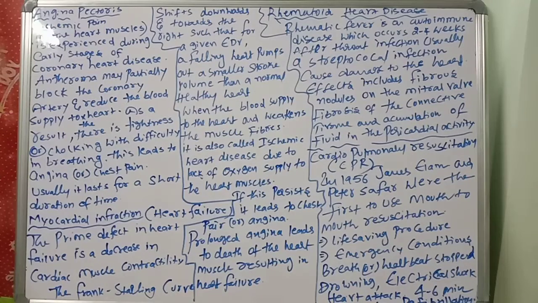When the coronary artery is blocked, oxygenated blood will not reach the heart muscles, so they will not perform their function. That leads to pain, tightness, and choking with difficulty in breathing. This leads to angina, or severe chest pain.